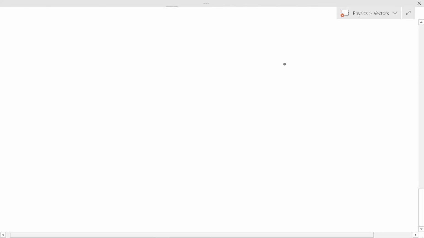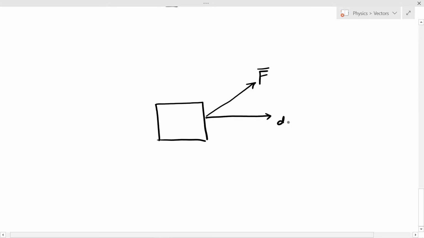Now let's look at the application of the dot product. Suppose I have this block over here, and I apply a force like this, F bar, and the displacement of the box is in this direction, d bar.